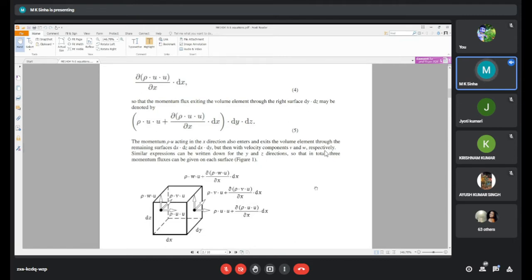That's why we are differentiating with respect to that component length dx, affecting all the mass along the x-axis, y-axis and z-axis. So rho u, rho v, rho w are the masses along the x, y and z axes, and the change along dx gives plus del by del x into dx, with velocity along the x-axis.